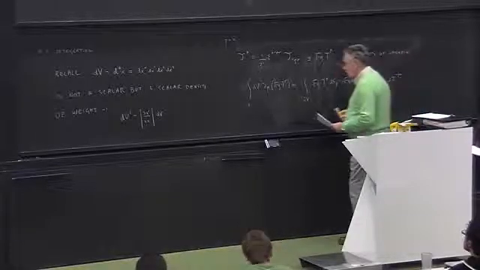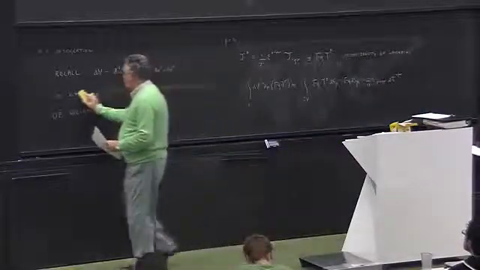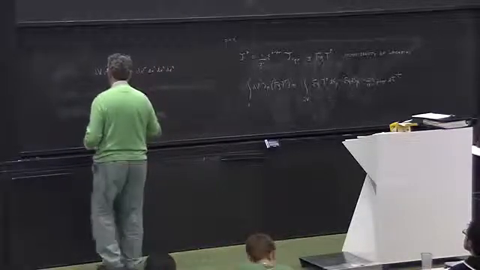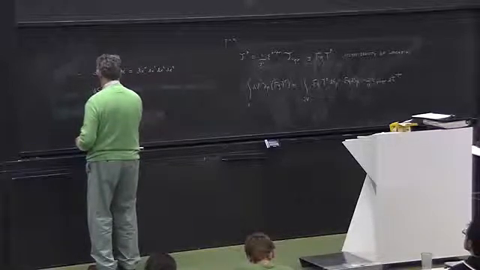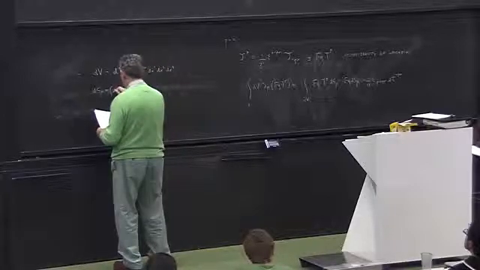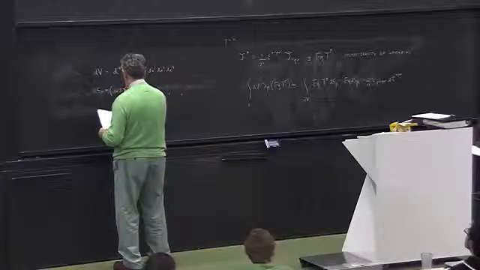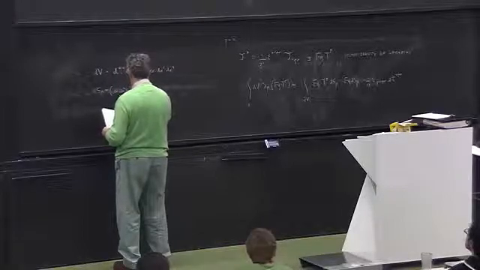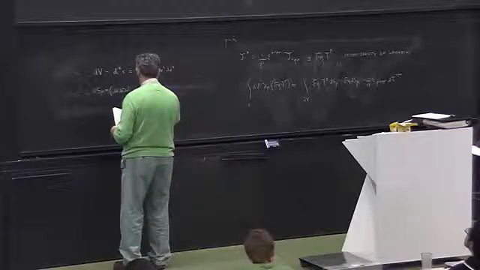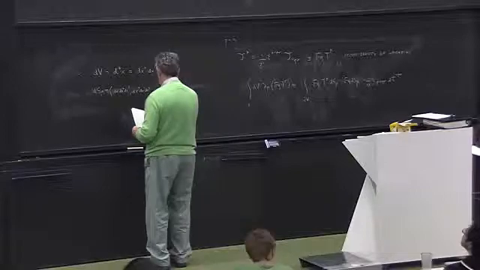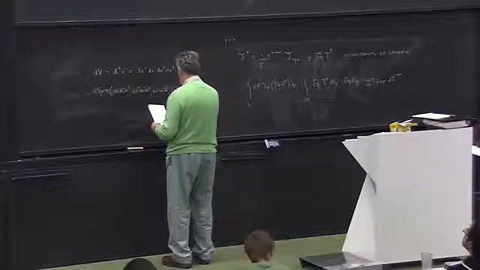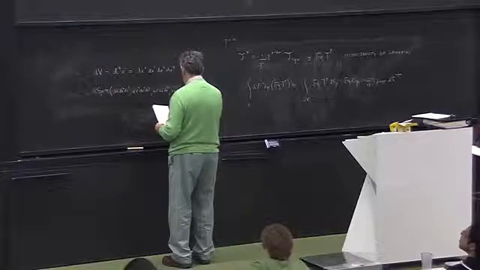And just to make that more explicit, dv means this, ds mu means it's a 4 vector, and the entries are dx1, dx2, dx3, dx0, dx2, dx3, dx0, dx1, dx3, and dx0, dx1, dx2.